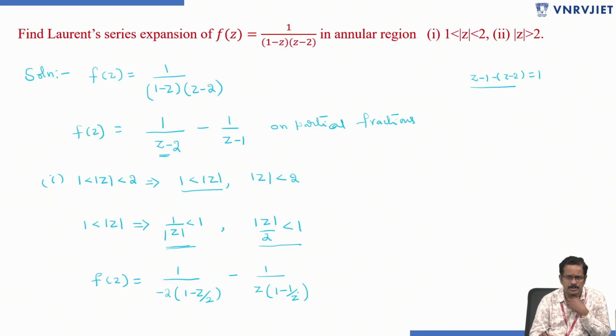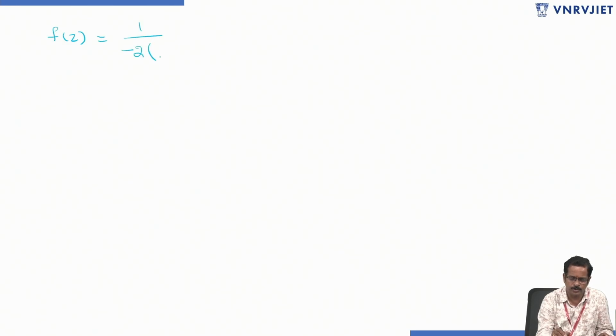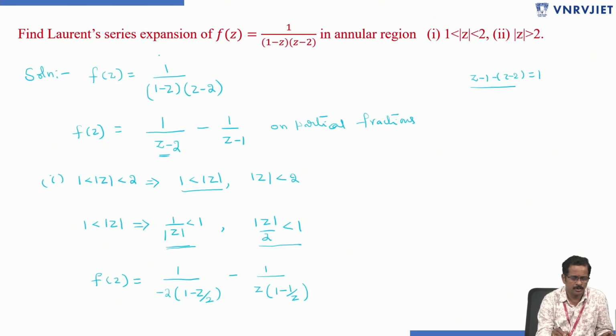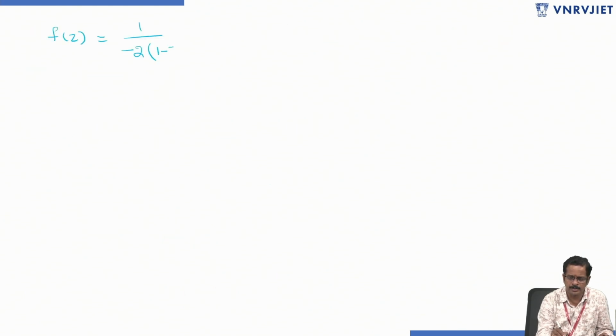Okay, so now f of z equals 1 by minus 2 into minus 2 into 1 minus z by 2, minus 1 by z into 1 minus 1 by z.